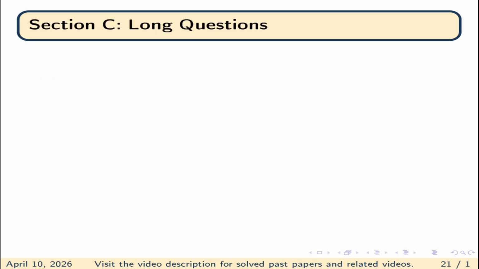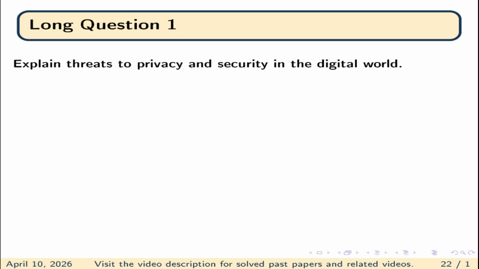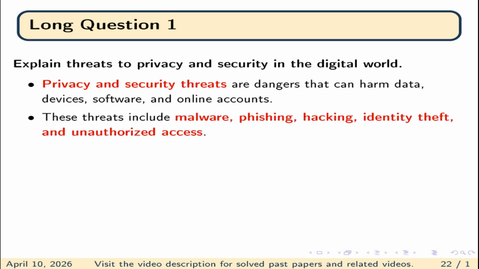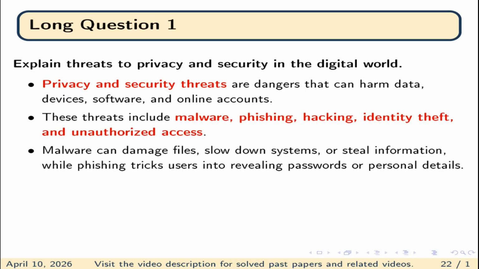Long question, that is Section C. Explain threats to privacy and security in the digital world. Privacy and security threats are dangers that can harm data, devices, software, and online accounts. These threats include malware, phishing, hacking, identity theft, and unauthorized access.